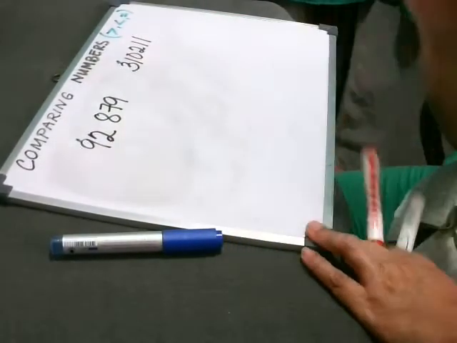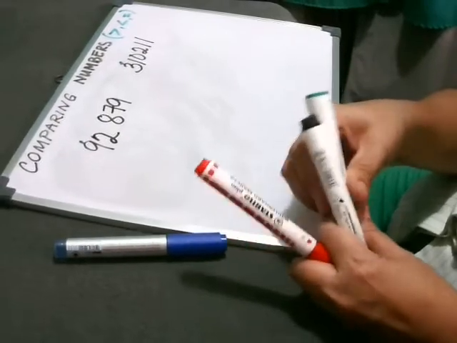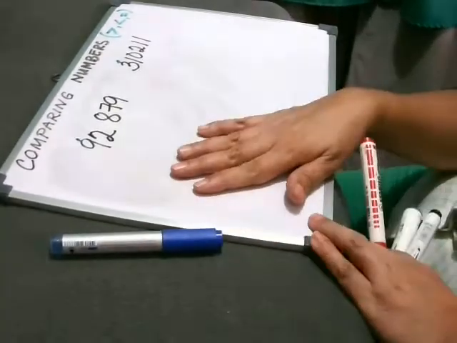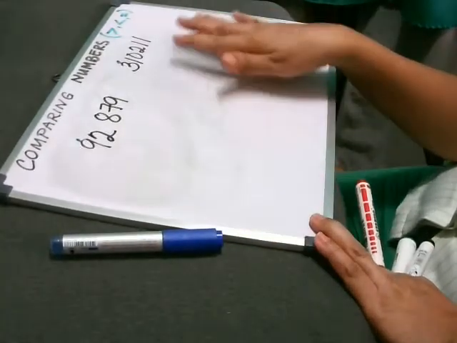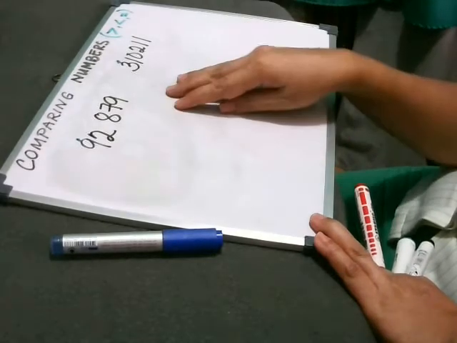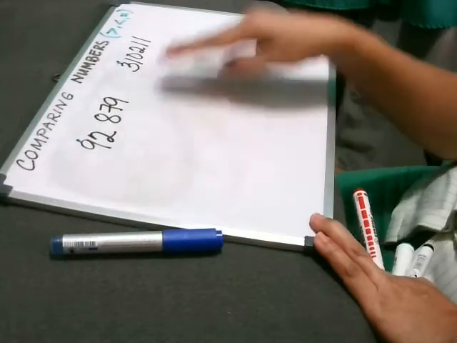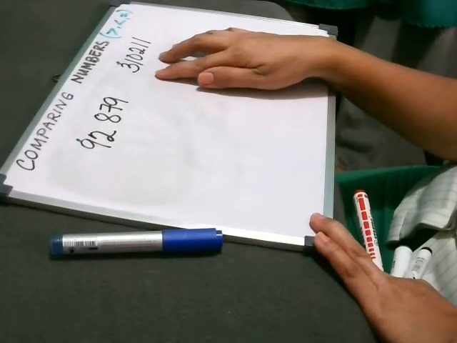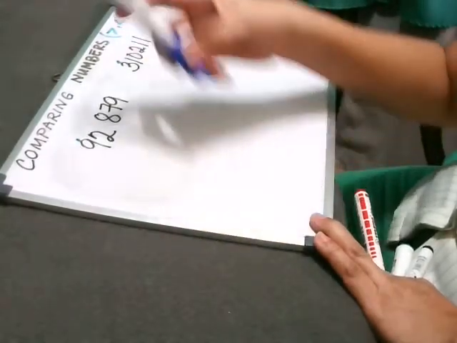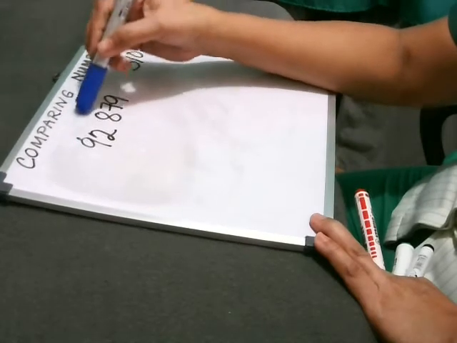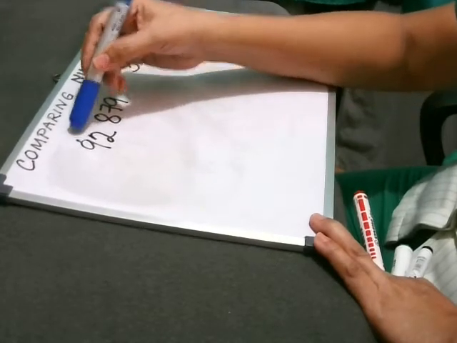Wait, it's not that simple, because sometimes numbers have different digits. In this case, this has 5 digits and this one has 6 digits. Meaning to say, this number is only up to the 10,000s place.